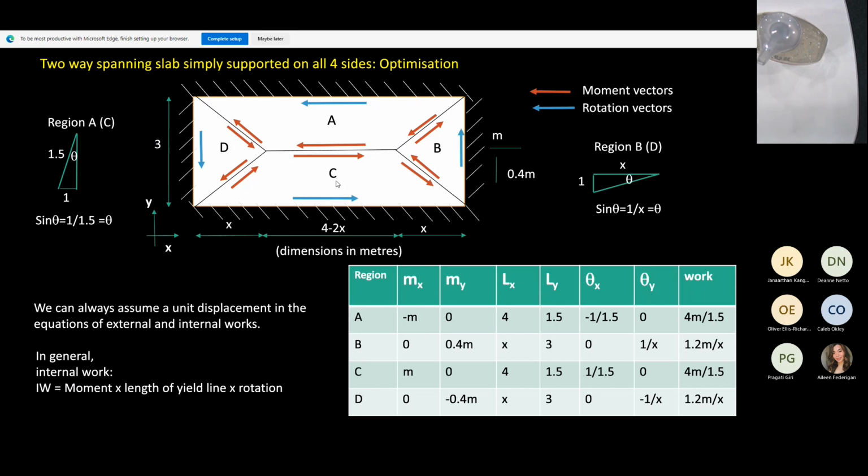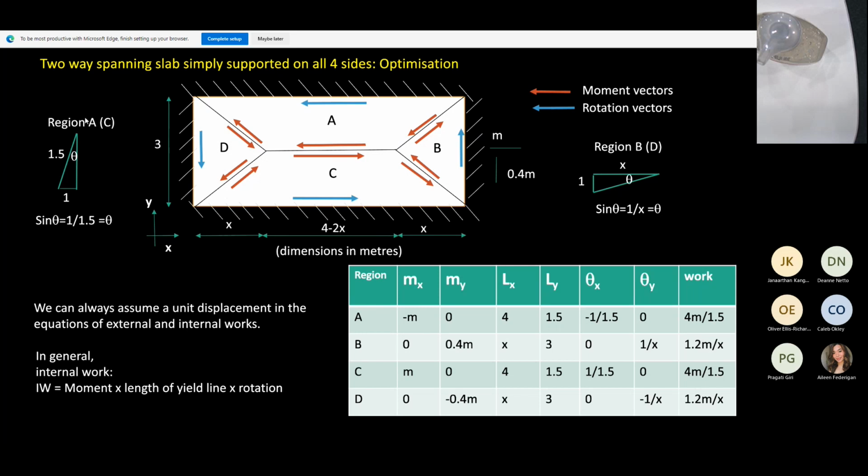So what is the angle of rotation? Remember that with the yield line, we always take a unit displacement, because if you take delta, it will cancel, as we have shown last week. So there is no need to say delta. We say that the maximum displacement is 1. So what is the angle of rotation for this region about this axis?